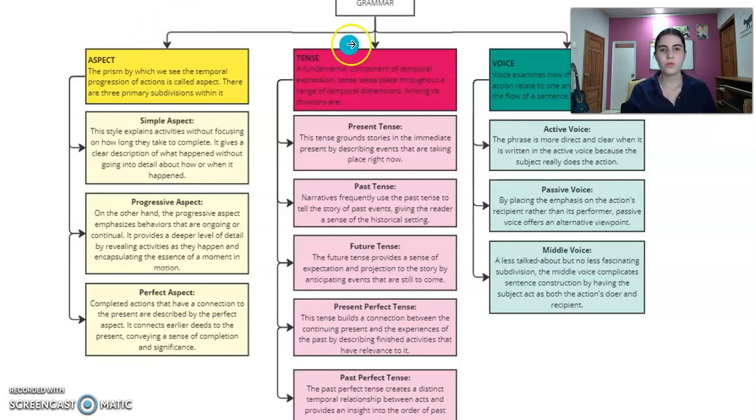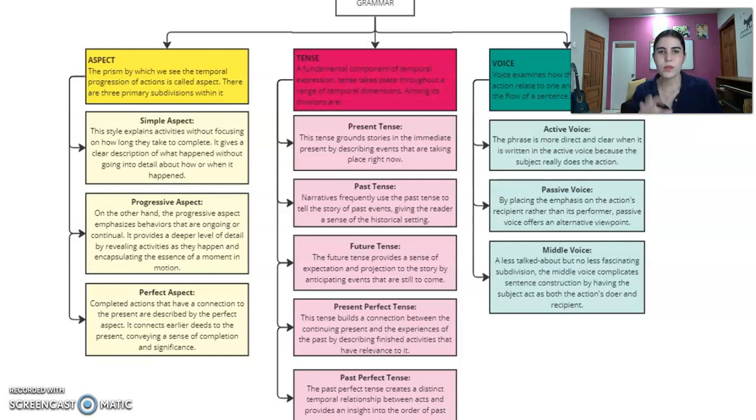Then we move to tense, which is a fundamental component of temporal expressions. Tense traces a range of temporal dimensions. Tense is what we can call our best friend for someone who learned English since little, or the basic things in English, when you learn a language.